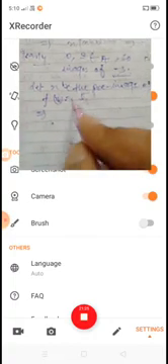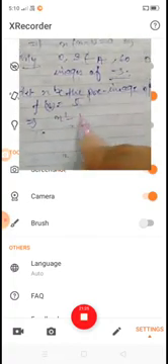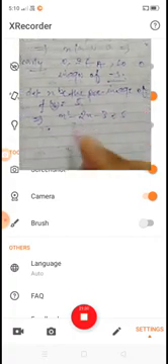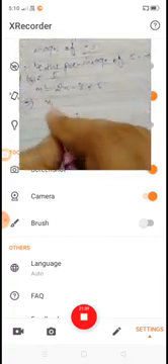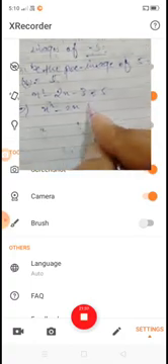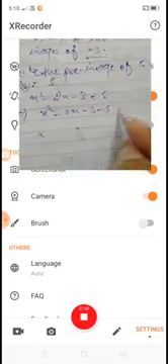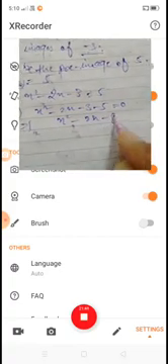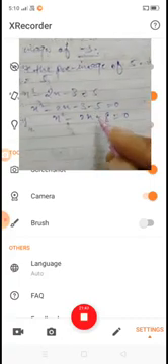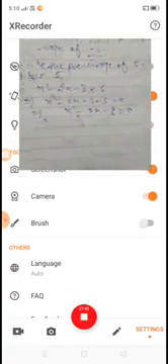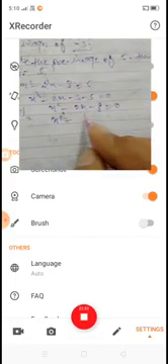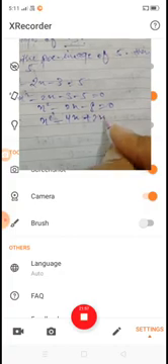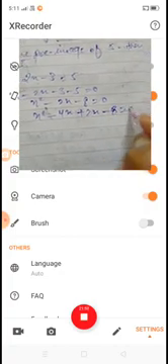That is, x square minus 2x minus 3 is equal to 5. So after solving, we have x square minus 2x minus 3 minus 5 is equal to 0. Then we have x square minus 2x minus 8 is equal to 0. Solving the quadratic equation by splitting the middle term, we get x square minus 4x plus 2x minus 8 is equal to 0.